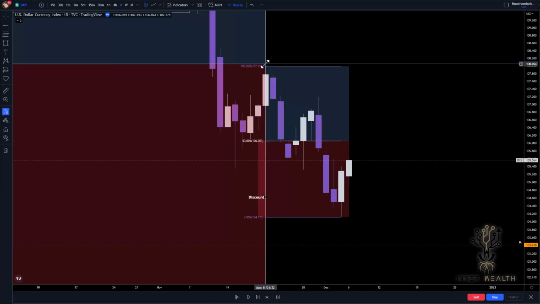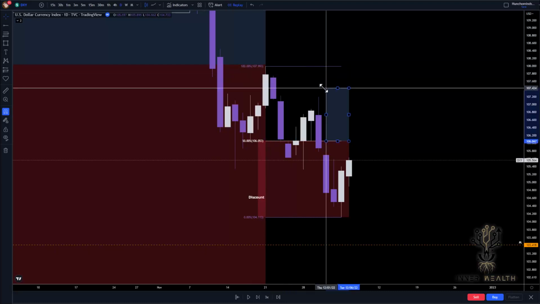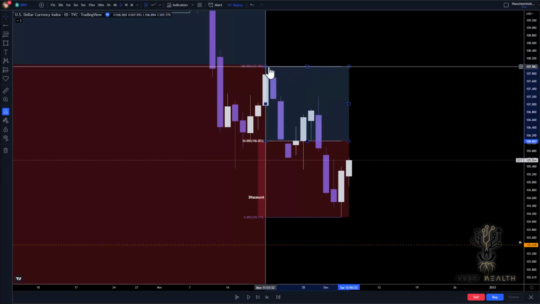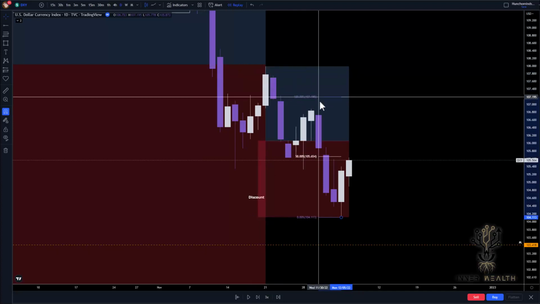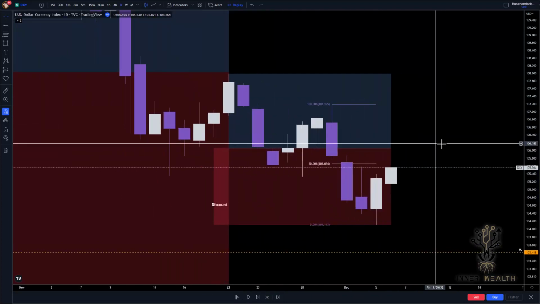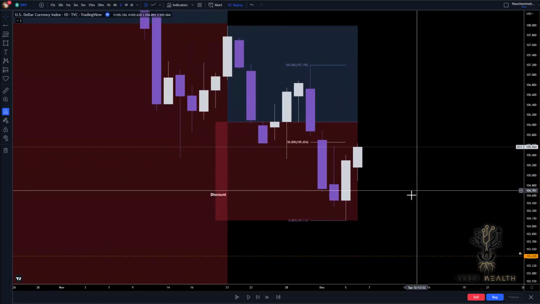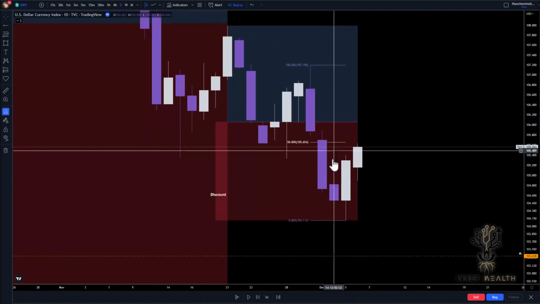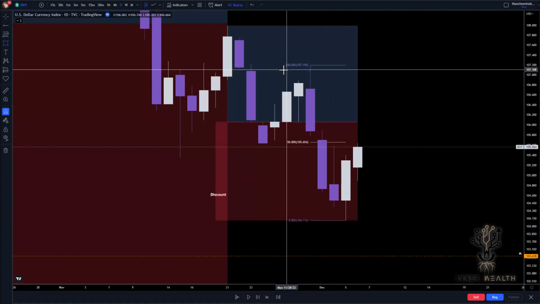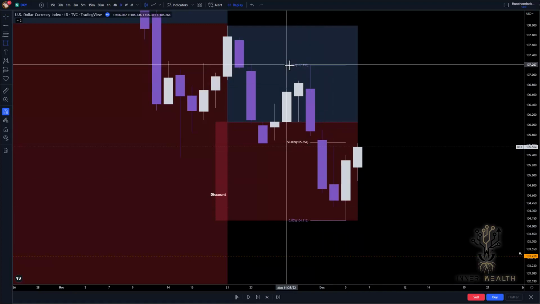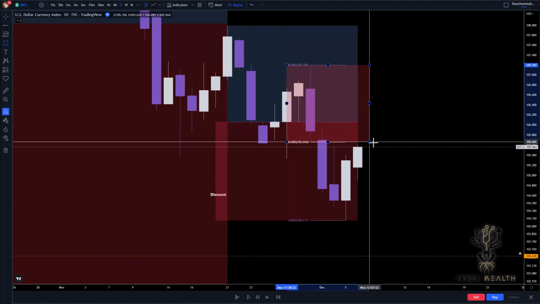We have this whole weekly range, but then we also have this daily range right here. So let me pull that one down as well. And now we have this daily range right here. So noticing on this daily range, this is a good example as to when both the ranges matter.